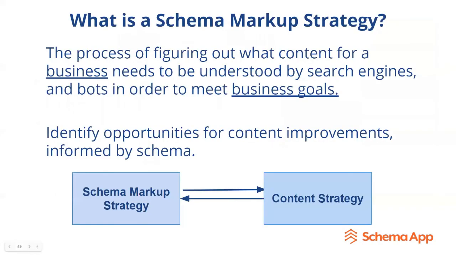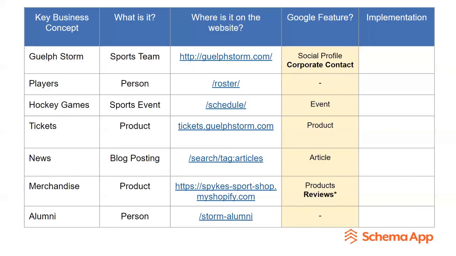Now, all of this is sort of a play between your business goals, your schema and overall SEO strategy, and your available content. And remember that third step I said was looking at what's available versus what you have. And so if we go back and look at the available rich results, there's something missing from our list here.